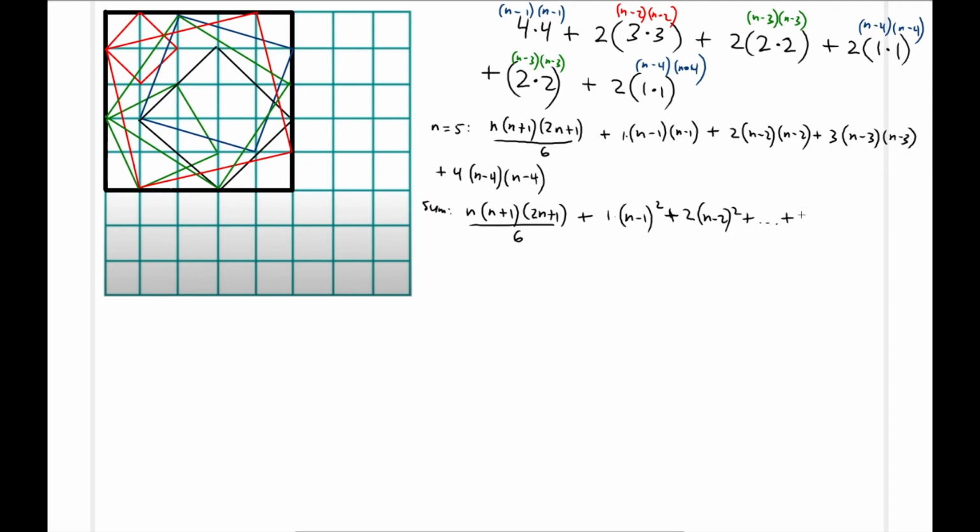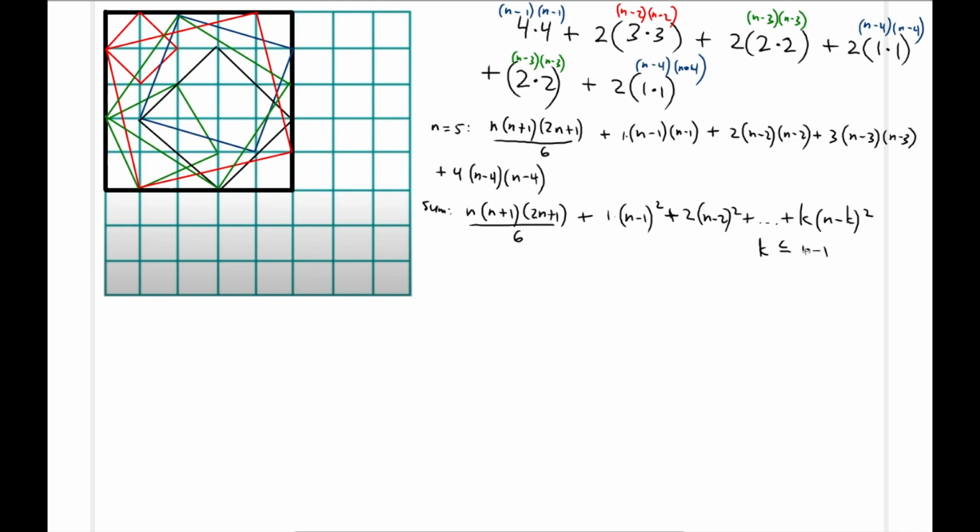Right? So we can name it as k, because we don't know what that number in the front is going to be. It's the highest integer number, so it's going to be n minus k squared, with k less than or equal to n minus 1.